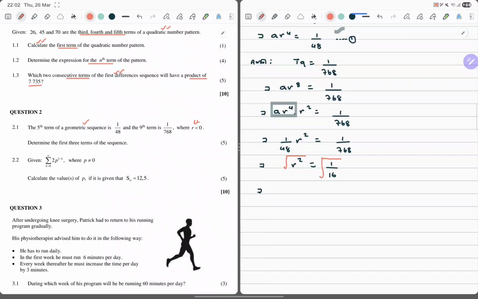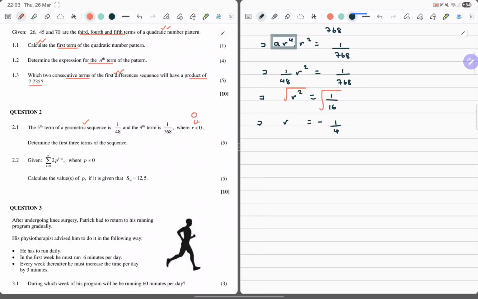It would have been plus or minus, but we're going to take the negative one because of the statement over there. So square root of 1 is 1 divided by square root of 16, which is 4. So R is 1/4 in magnitude. We want the first 3 terms of the sequence. That's not a problem.